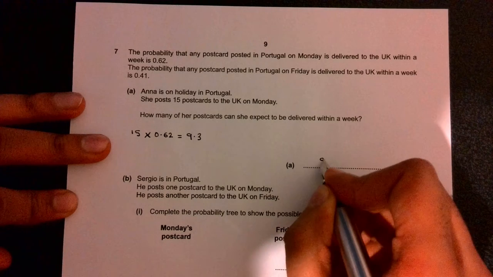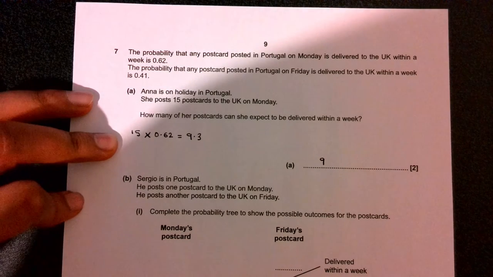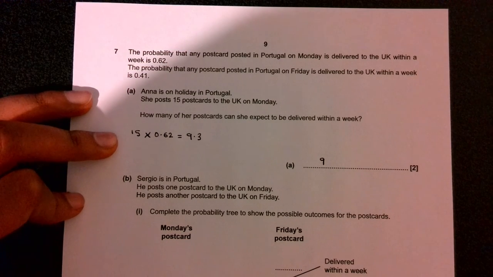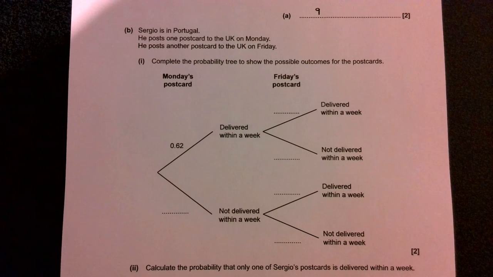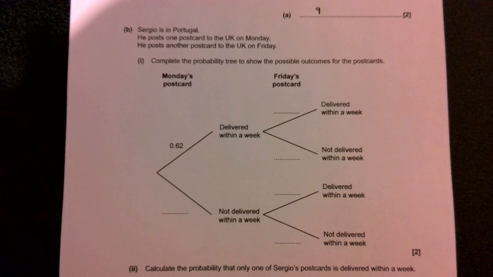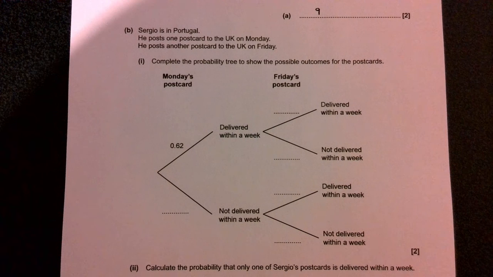And therefore we have 9 postcards which we expect to be delivered within a week. Now for part B, Sergio is in Portugal and he posts one postcard to the UK on Monday and he posts another card to the UK on Friday. We have to complete the probability tree to show the possible outcomes for the postcard.